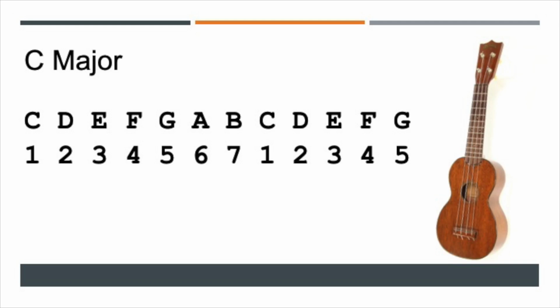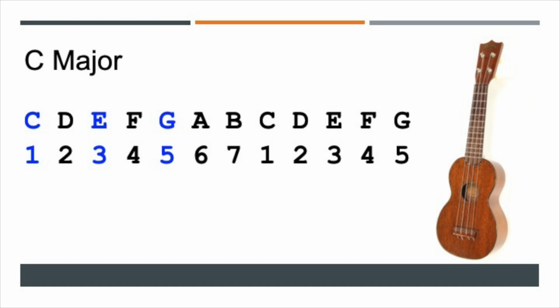Now, in order to find our one chord, we take the note from scale degree 1, which in this case will be a C, and then we skip a note and we take the note from scale degree 3, which will be an E. Then we skip another note and we take the note from scale degree 5, which will be a G. These are the three notes that are in our one chord, C, E and G.